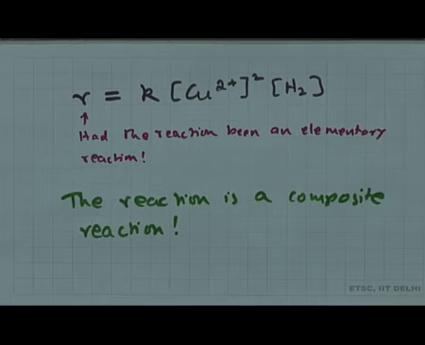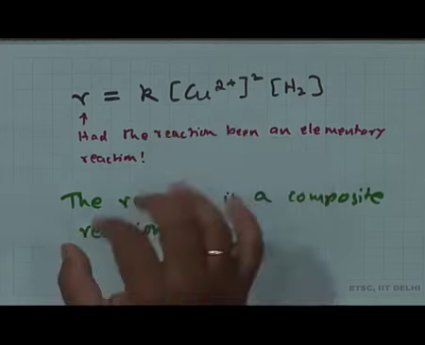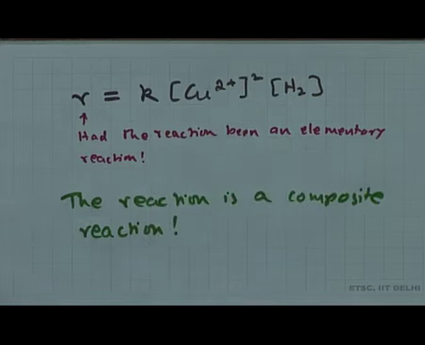Now, let's have another way of looking at it. Since you are dealing with an elementary reaction and you have written the rate law based on your thought that this reaction might be an elementary one, what would tell you from this rate law that this actually might not be an elementary reaction, that this is a composite reaction?